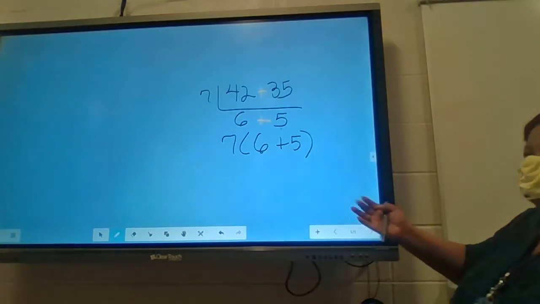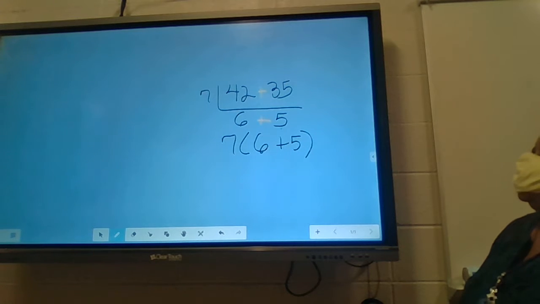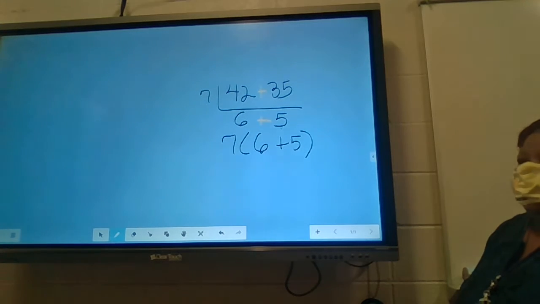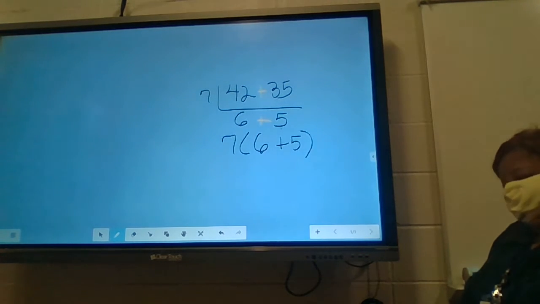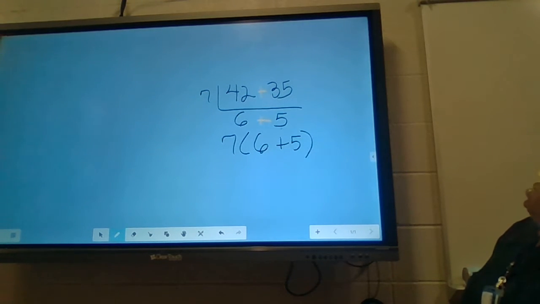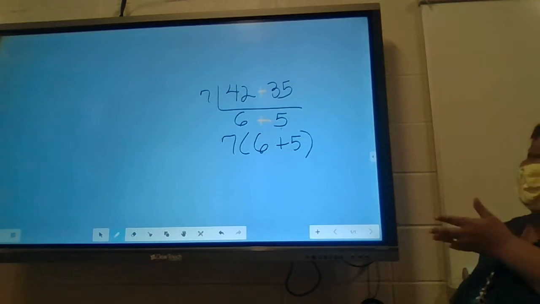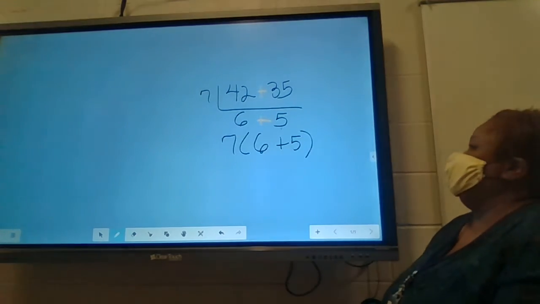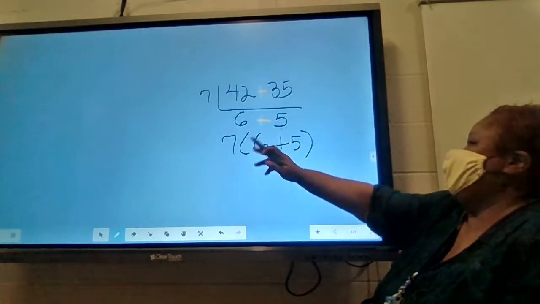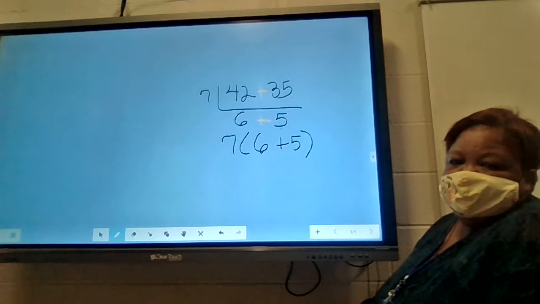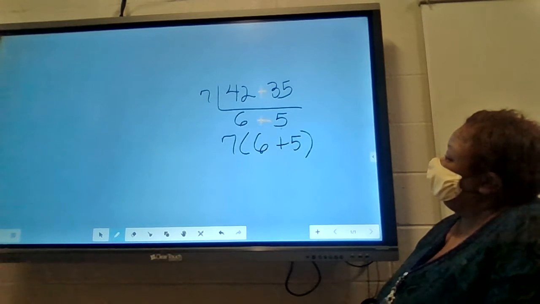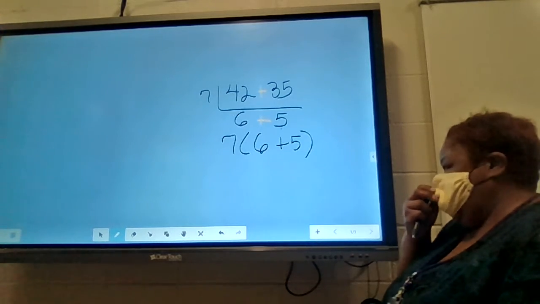So we just use the distributive property to express 42 plus 35 with that sum being multiplied by the GCF. And that kind of makes it easier to add because that's 11. 11 times 7 is 77. Well, easier to do mental math.